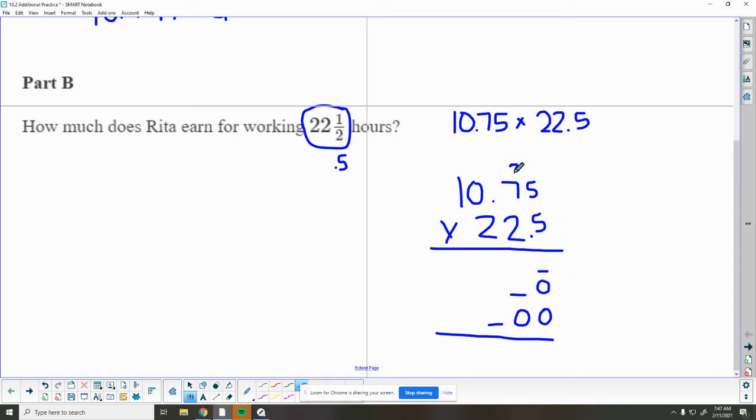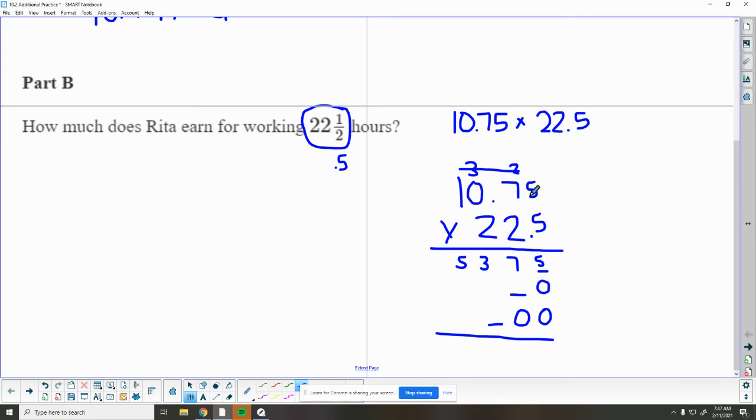So 5 times 5 is 25. 35, 36, 37. Here's 0 and 3 is 3 and 5. I'm going to cross these out so I don't accidentally use those again.